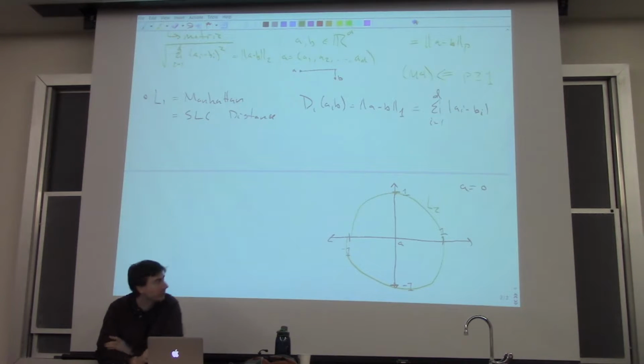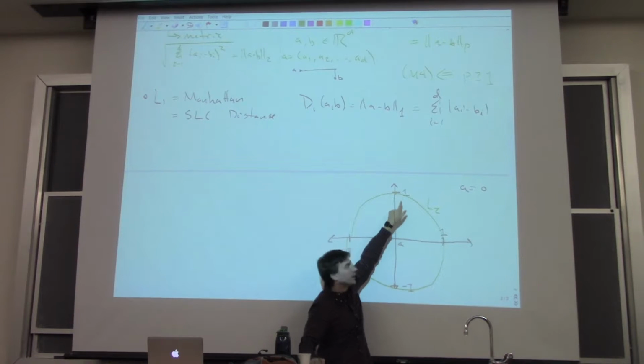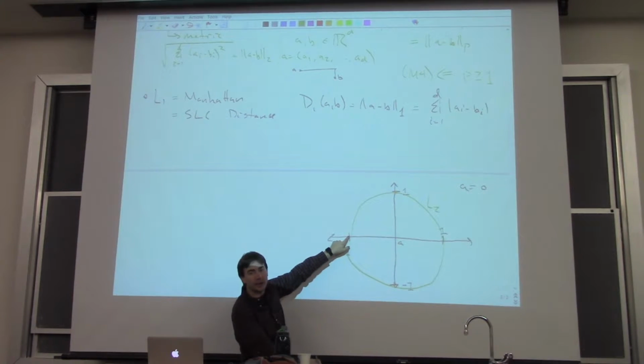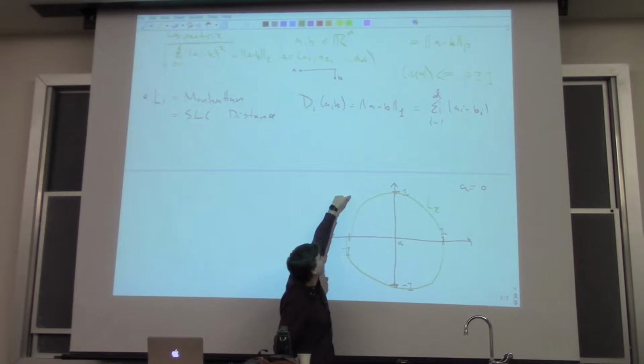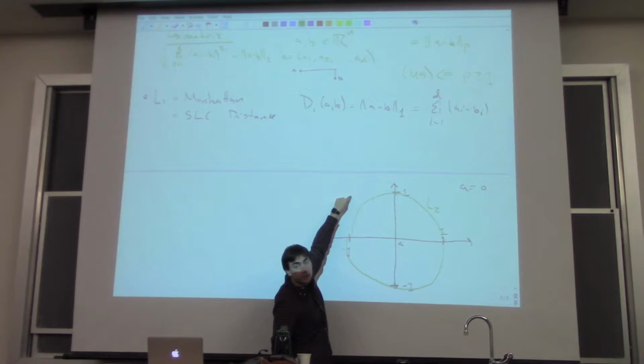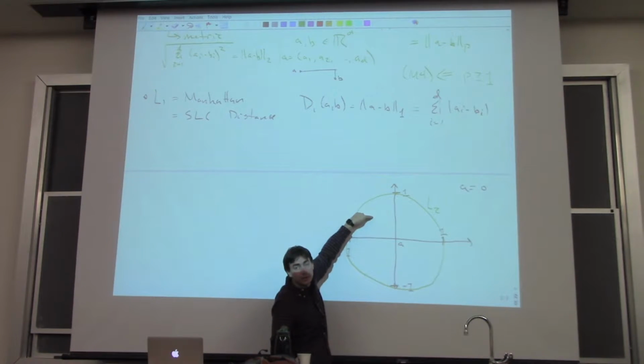It should be a distance 1 to go up to here, right? And a distance 1 to go here, because I'm just moving in one coordinate, the other one moves 0. If it's a square, what's the distance to this point? 2. So if it was a square and it came up here, that's not a distance 1. So I have to move closer in, right? How far do I move in?